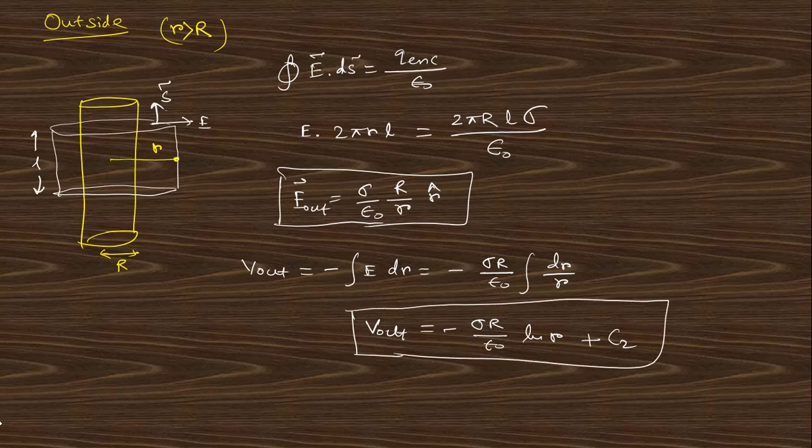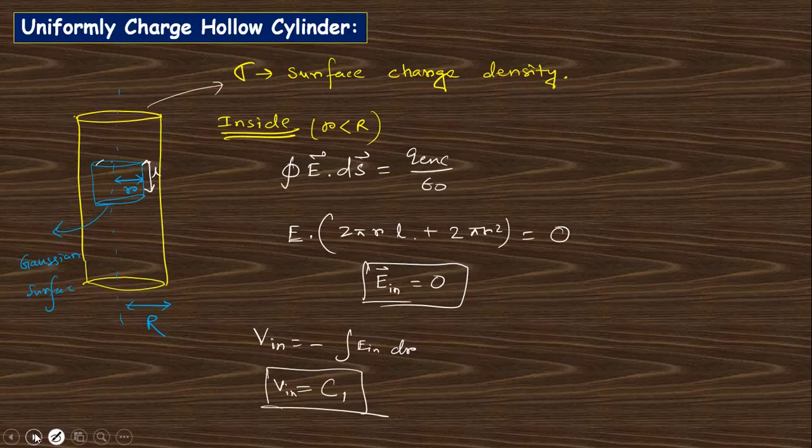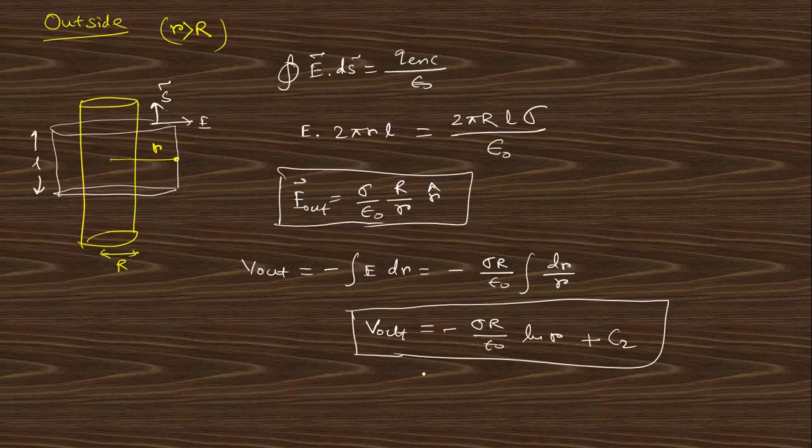Now if you want to find the constants, you need to know the boundary condition where the potential is 0. So C2 can be found, number one, using the boundary condition. We can take this as 0. So V out is nothing but minus sigma R by epsilon naught ln r.